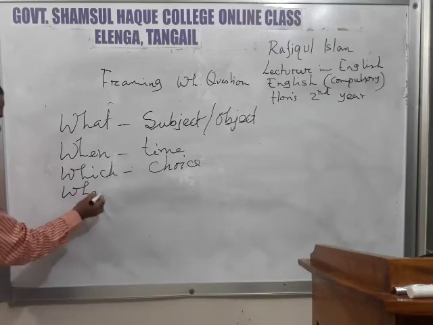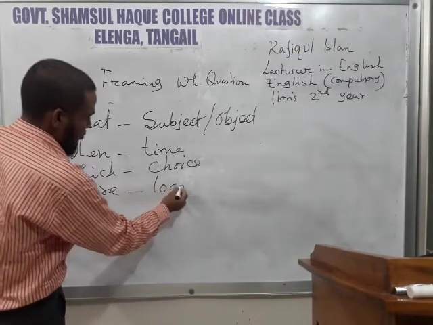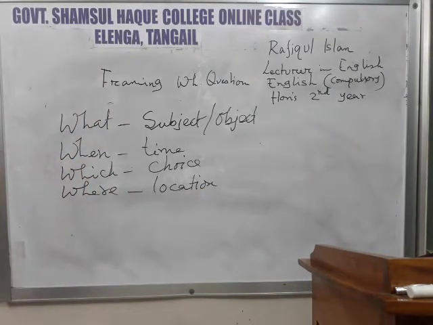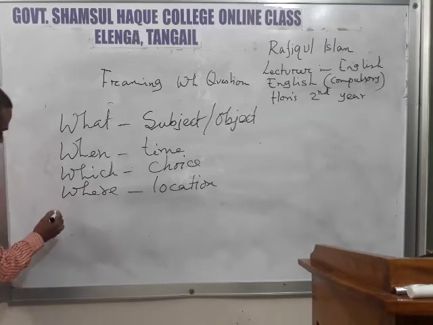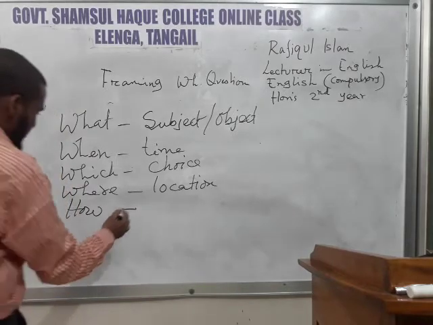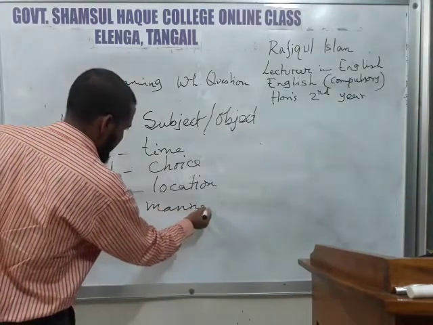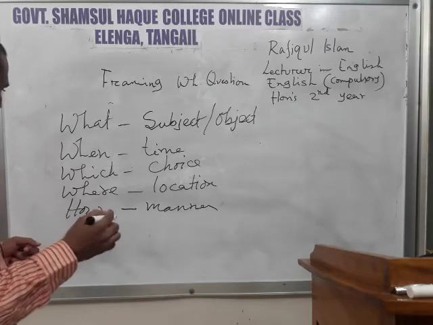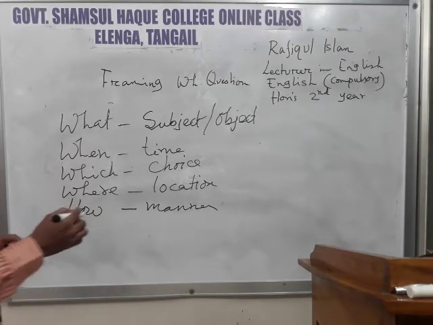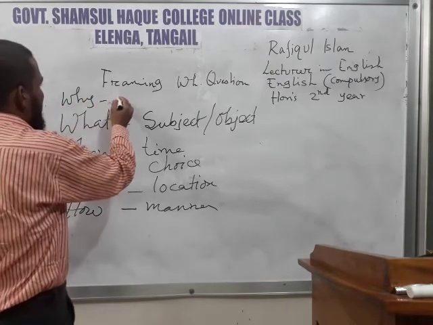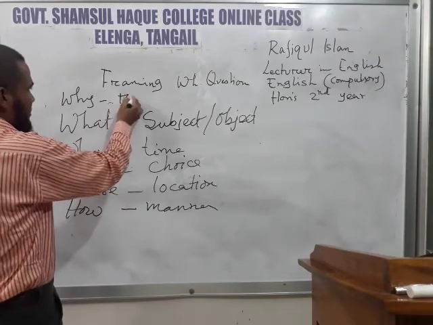Where means location. How means manner. And the rest of the word is why. It means reason.